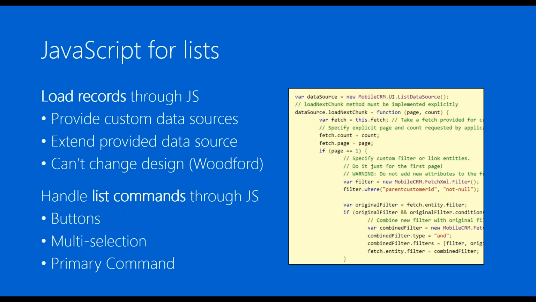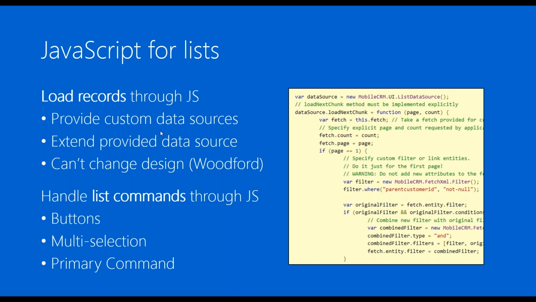The JavaScript can be used for two things, as I said, for loading records. And the loading records can provide a completely custom data source. So if you want to show something very different, you can show that using JavaScript. But you can also extend the provided data source. So you will get the actual fetch that defines that view, and you can extend it, maybe add some additional filters or change some of the properties that will be shown.